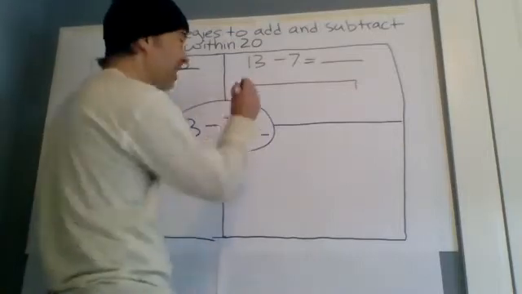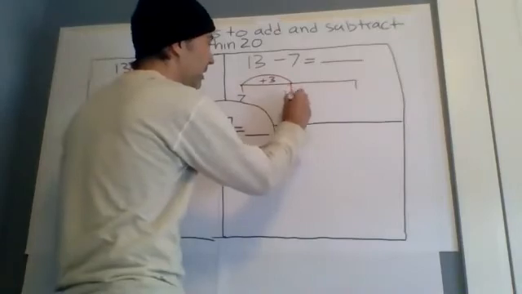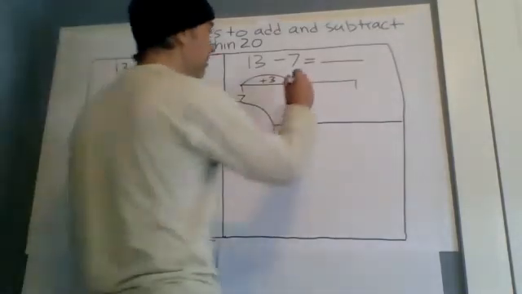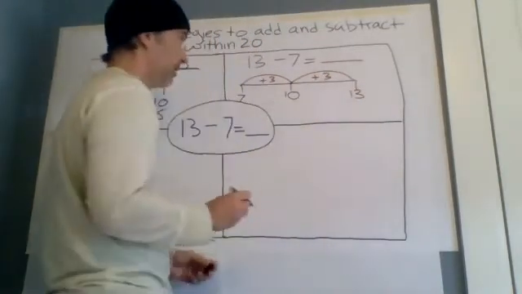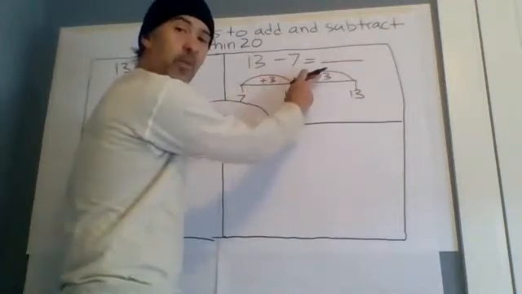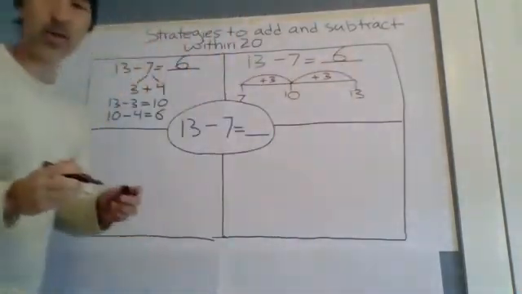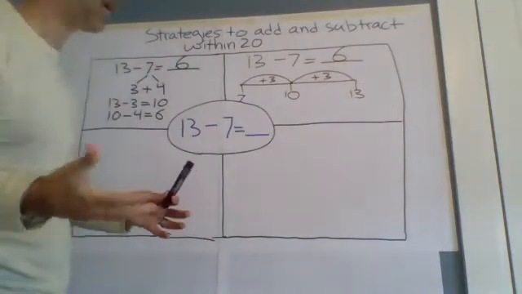Friendliest number I can think of is if I hop 3 and I get to 10. How many more hops do I need to get to 13? 3 more hops gets me to 13. What's 3 and 3 more? 6. So 13 take away 7 is equal to 6.